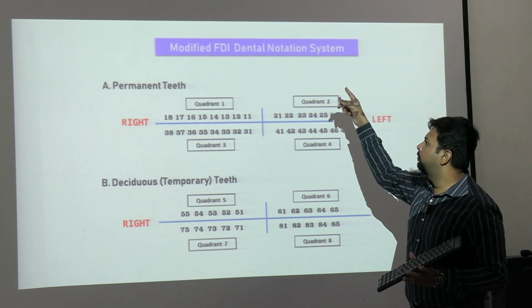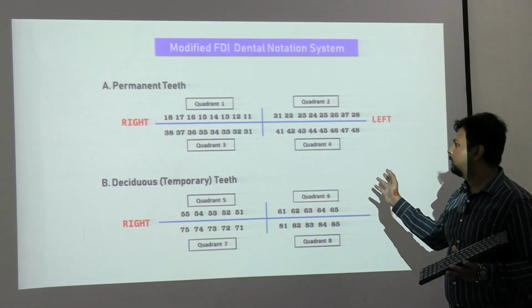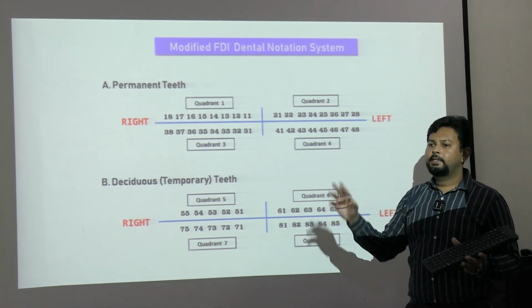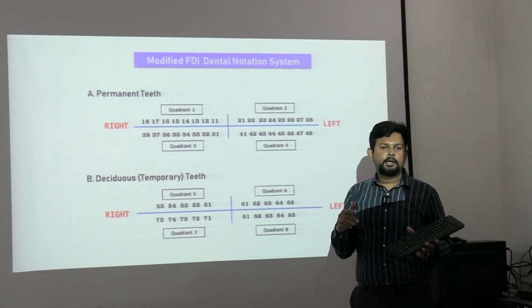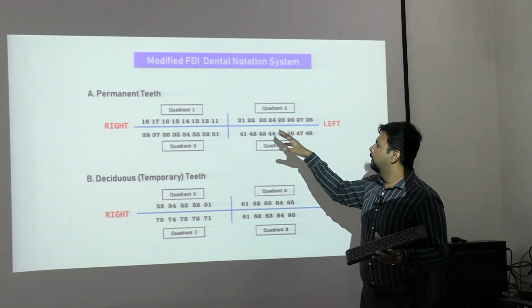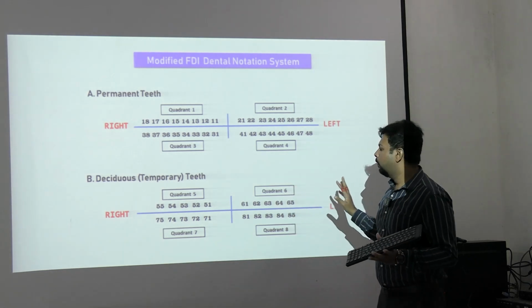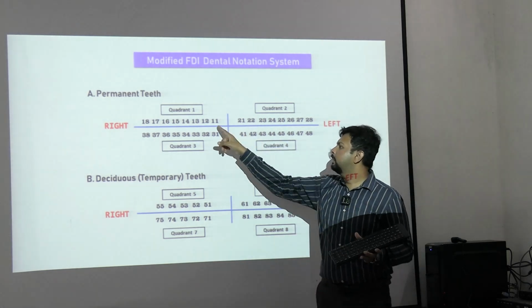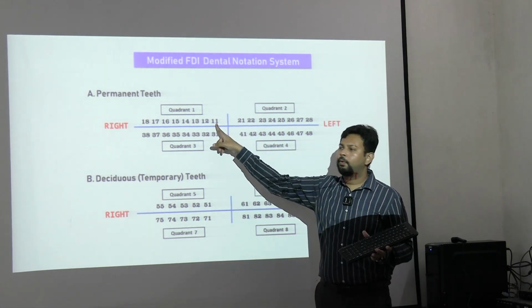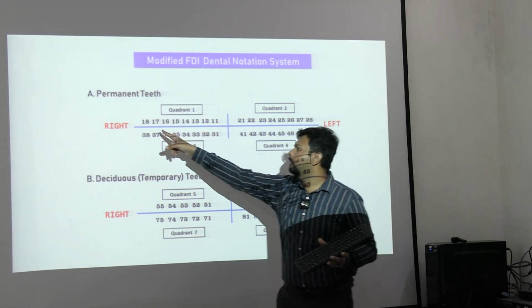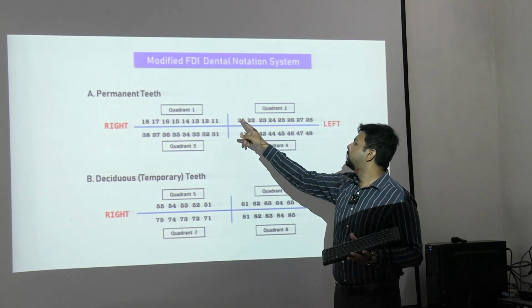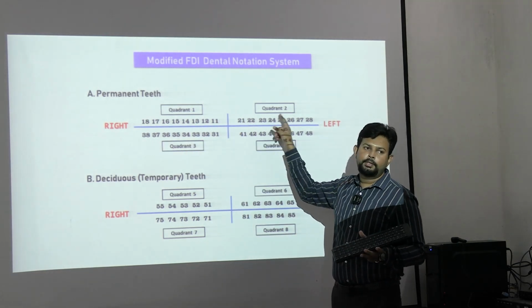This is the modified FDI. Here, they thought that the previous one could be mistaken, so they changed it to totally numbers. For permanent teeth it starts with 11: 11, 12, 13, 14, 15, 16, 17, 18, and from this side it is 21, 22, 23, 24.